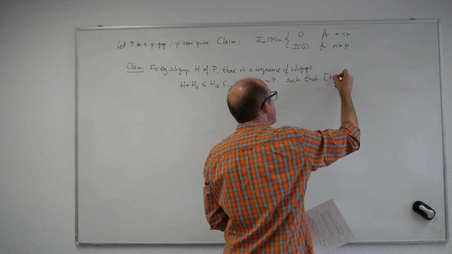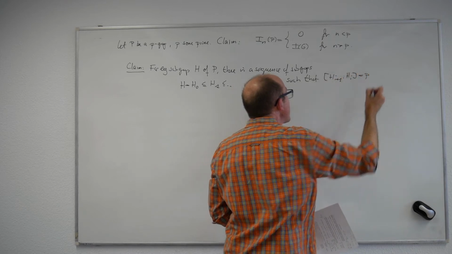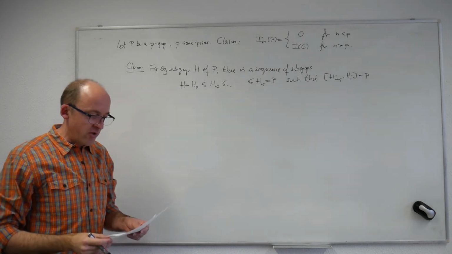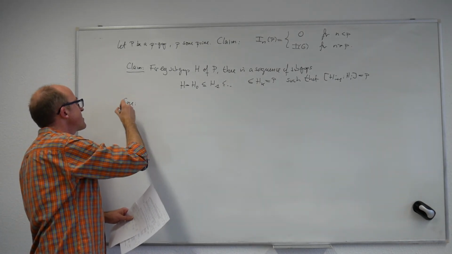So such that the index of Hi in Hi+1 is p and not some proper power of p. So let me prove this subclaim in two cases.